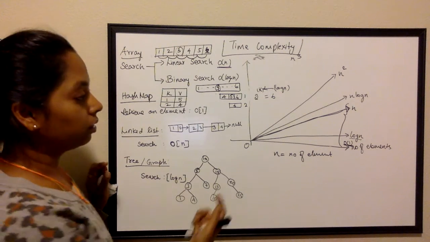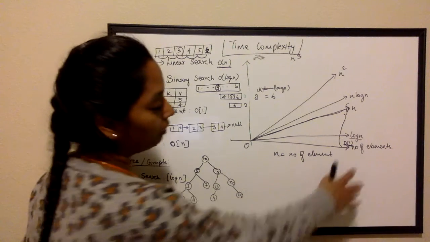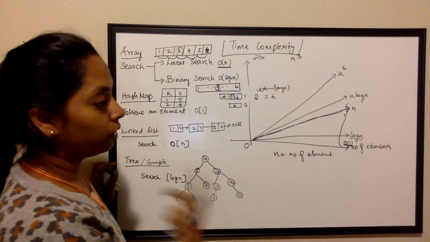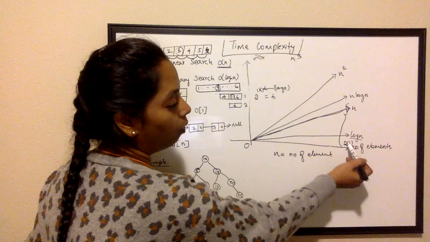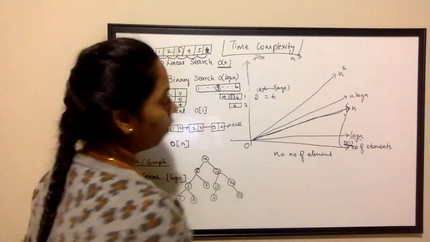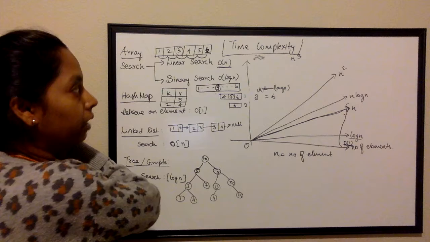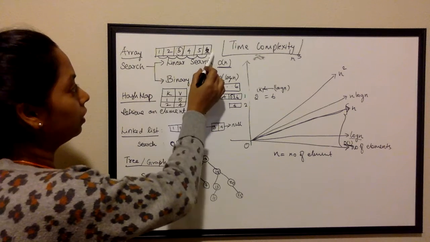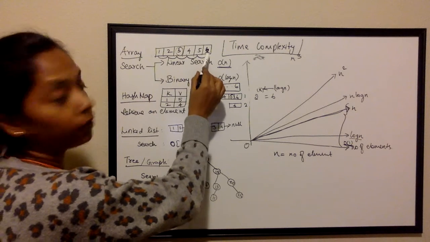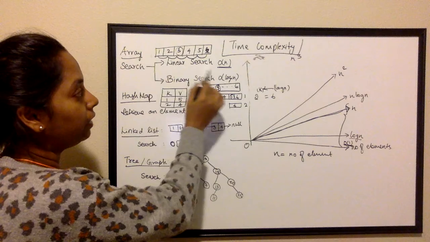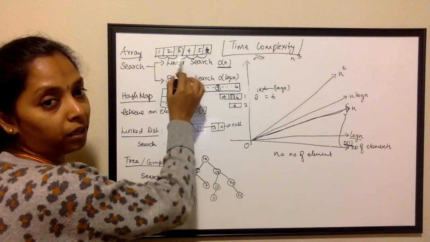Okay, so what is this n? How are we finding that the time complexity would be O of 1 or O of n? Let's take an example of an array. If you have to find an element 6 with a linear search, then you have to go one element, then the other element.